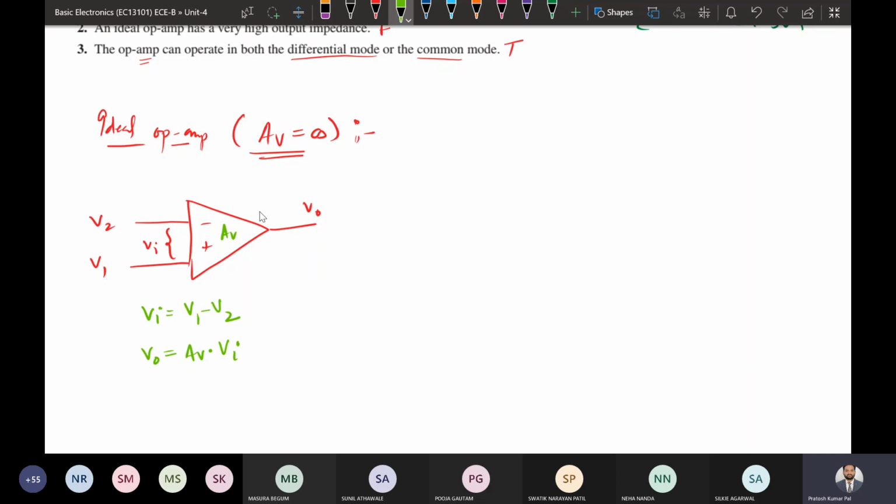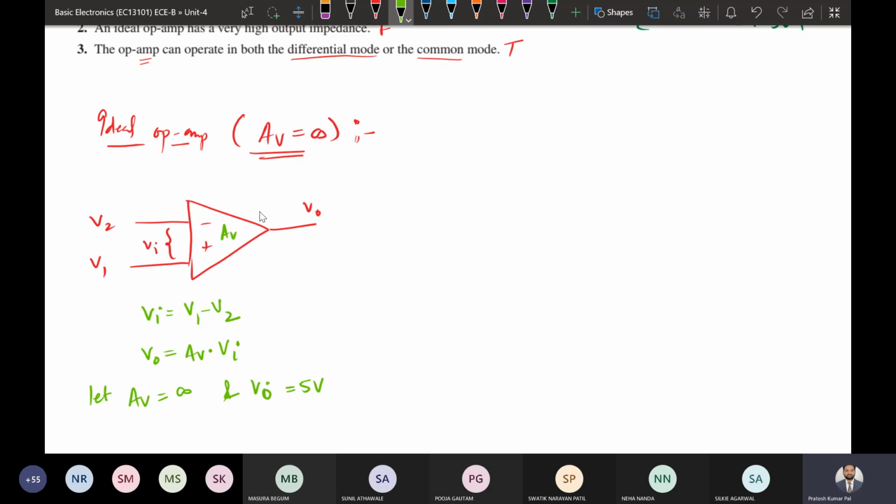But here we have taken an ideal one, so the gain is infinity. Suppose an input voltage is there, which is the difference of V1 and V2, and suppose the output voltage we are getting is a finite voltage, say 5 volt, and we have gain infinity.